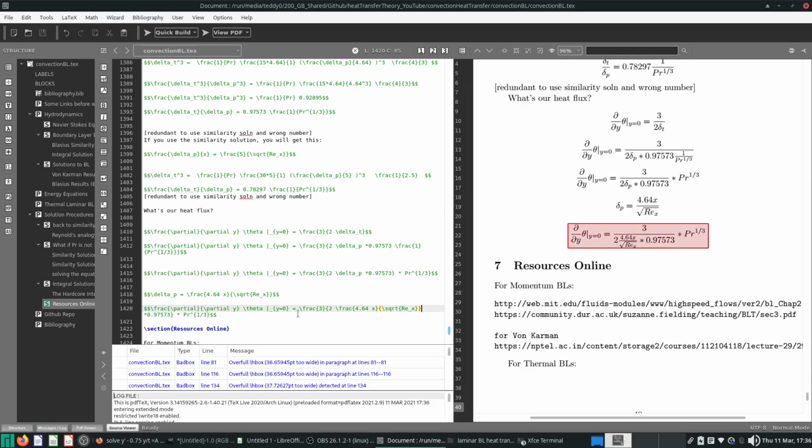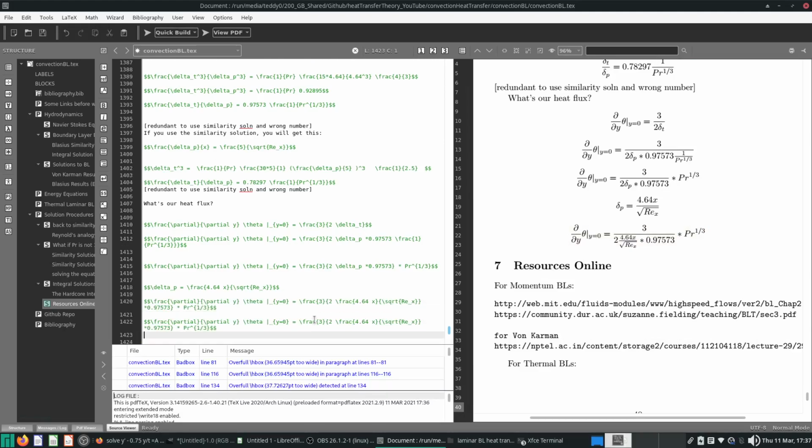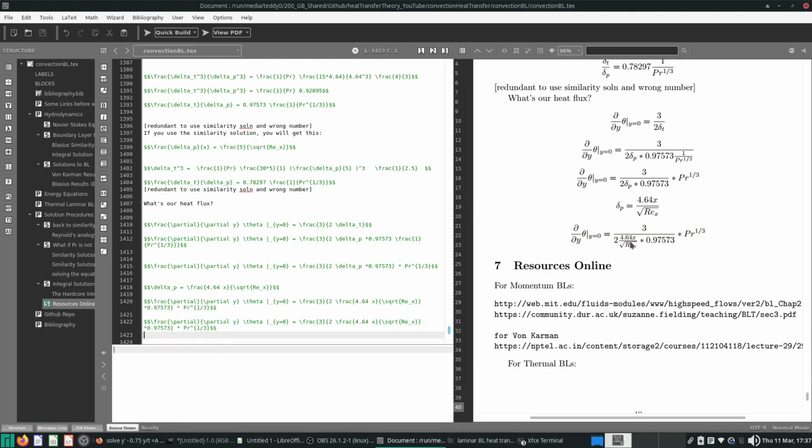Let's bring this up so that on the upside there will be Re to the half. So there's Reynolds number to the half, and 4.64x will be at the bottom.